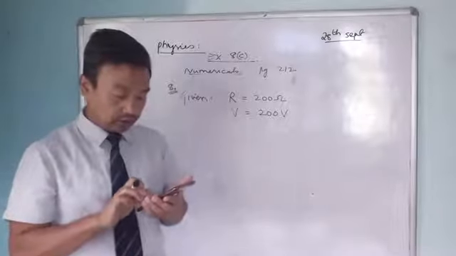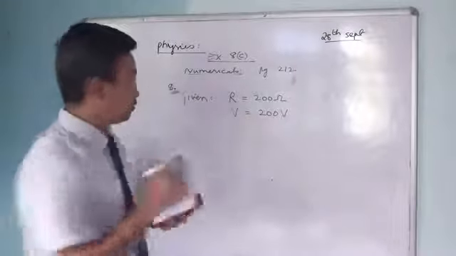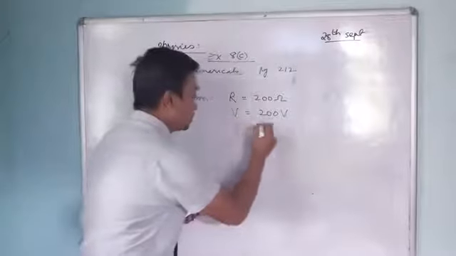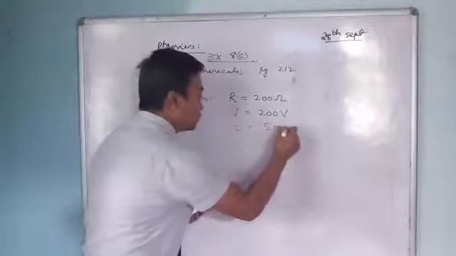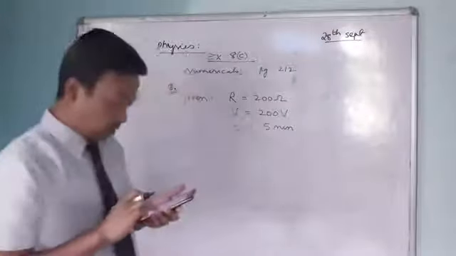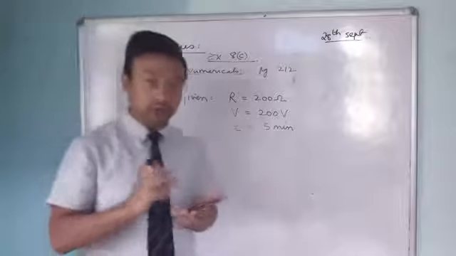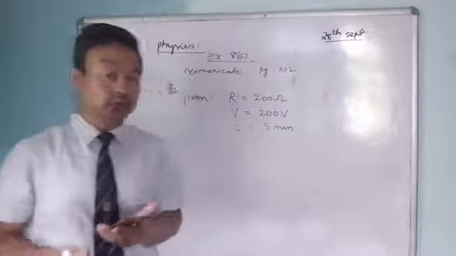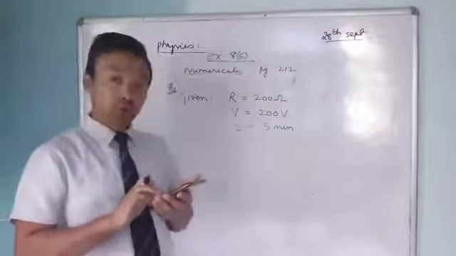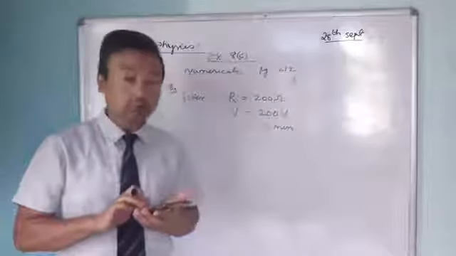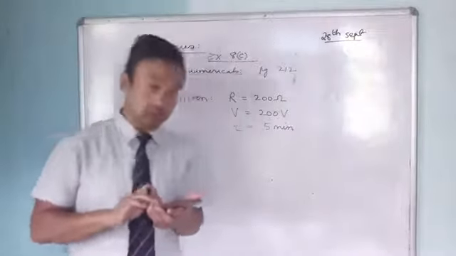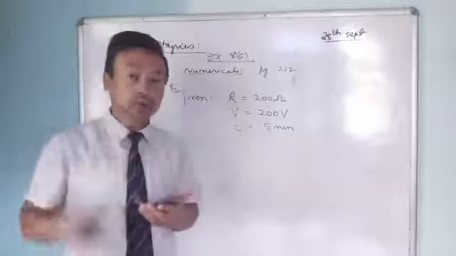Calculate the energy consumed by the appliance in 5 minutes. Time is given to you, 5 minutes. You have to find the energy that is consumed in 2 units. One is the SI unit, that is joule, and the second one you have to find in kilowatt hour, which is the commercial unit of the energy.